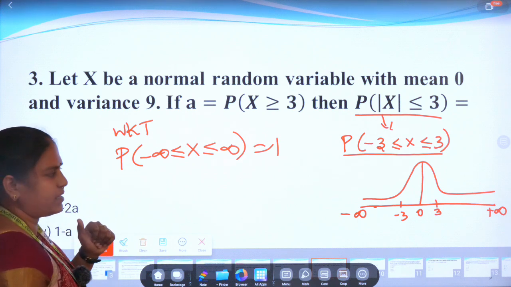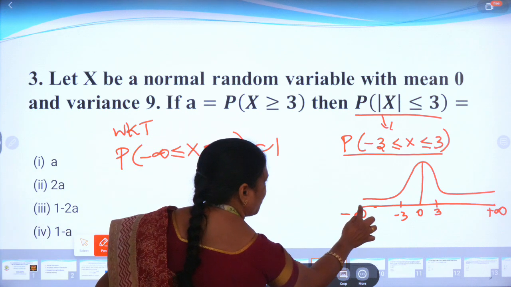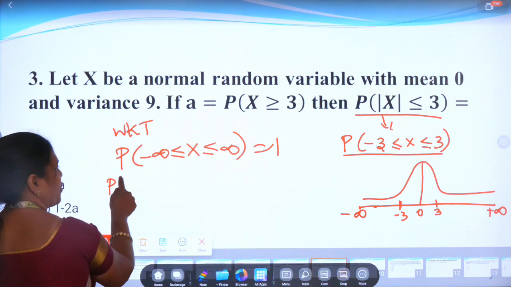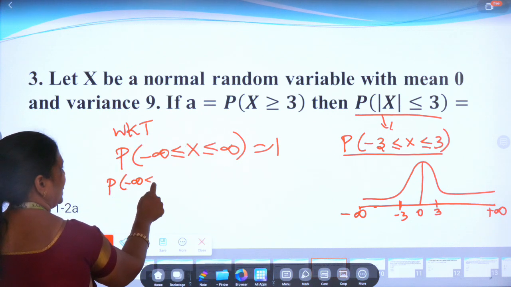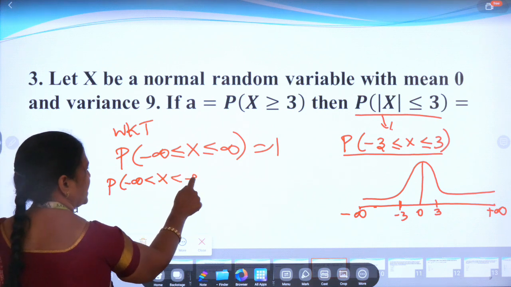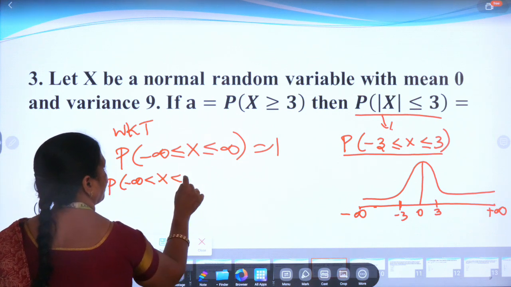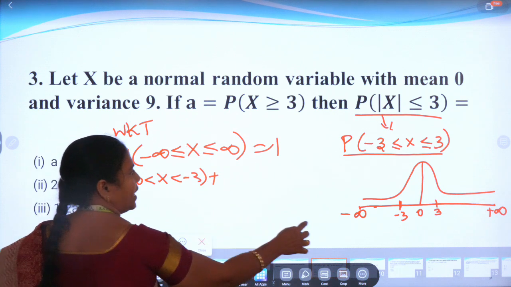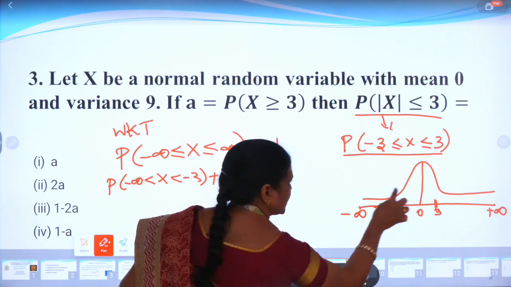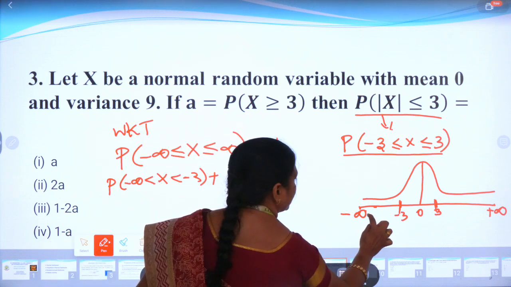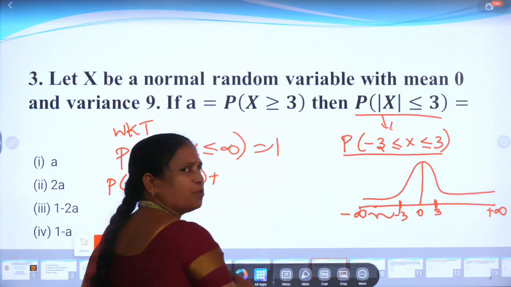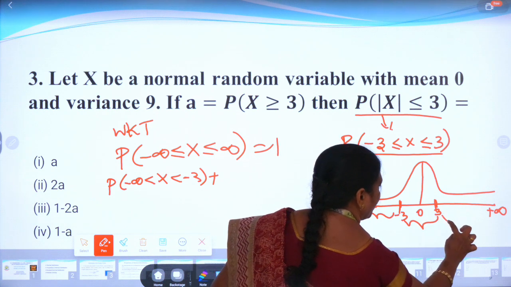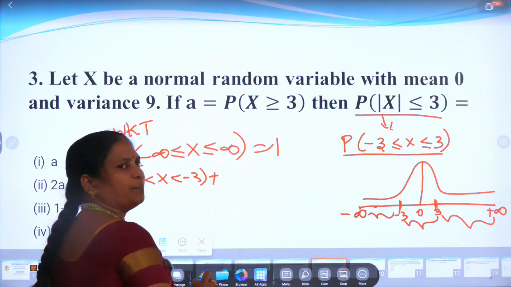Now we are going to rewrite this. We rewrite it as the probability of minus infinity less than X less than minus 3, plus the probability from minus 3 to plus 3, plus the probability from 3 to plus infinity.